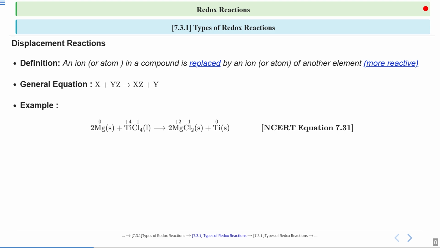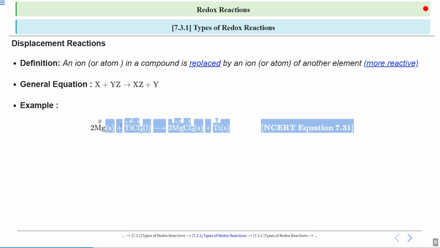So why is this so? This is based directly on the oxidizing and reducing power of a particular species. We can say that a more reactive element will always displace the less reactive element in the compound. Here you can see that Ti has been replaced by magnesium.